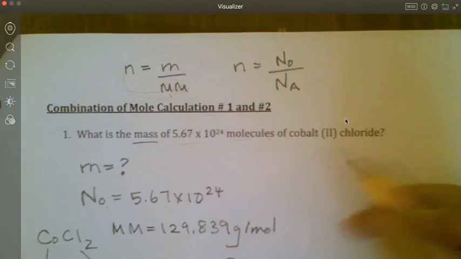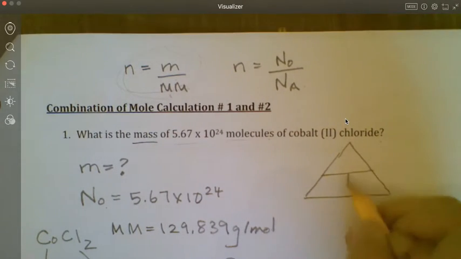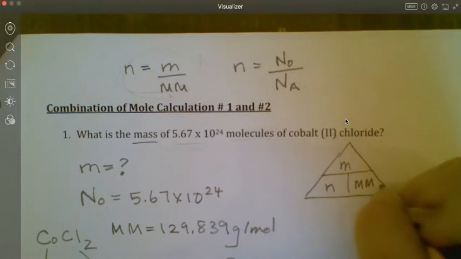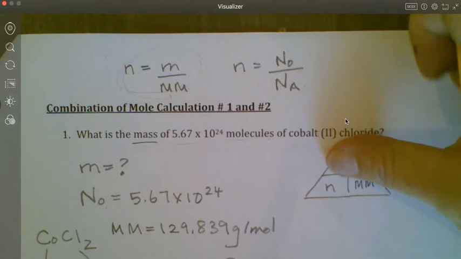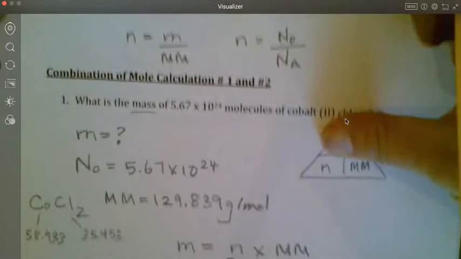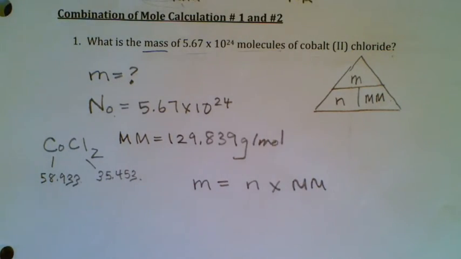If you needed to use your mole triangle, this was the first mole triangle that we had to figure out the formula for mass. You isolate the mass, the variable that you want, and you see that it's moles times molar mass. So that is a way that you can get that as well.